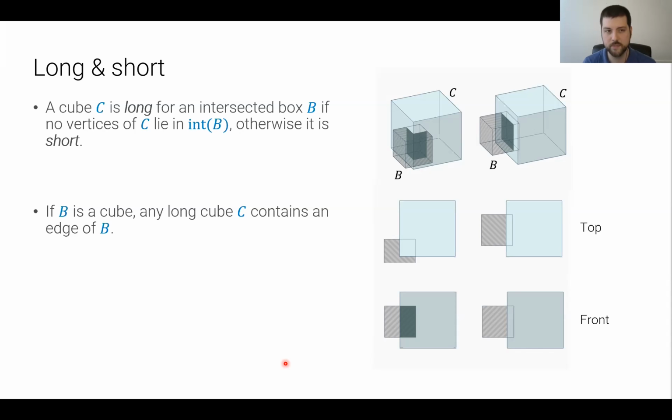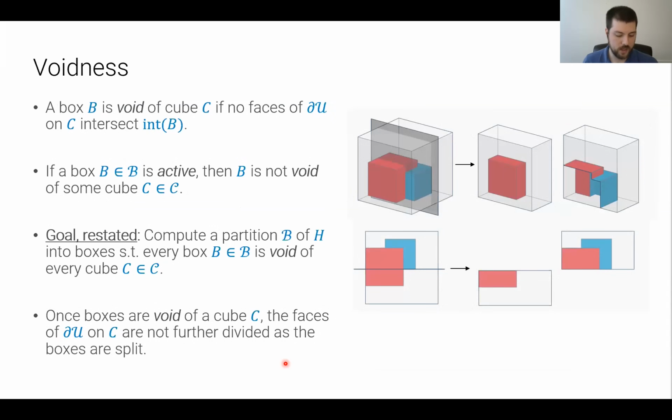So that's long and short. And so finally, what we'll do is restate the goal of our algorithm, which will be useful for our purposes. We'll introduce this notion of voidness. So of course, every face of the boundary lies on the face of some input cube.